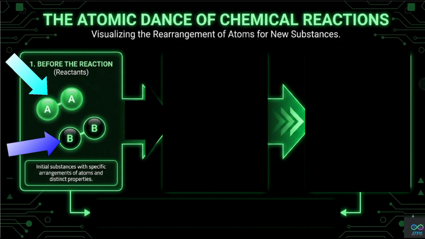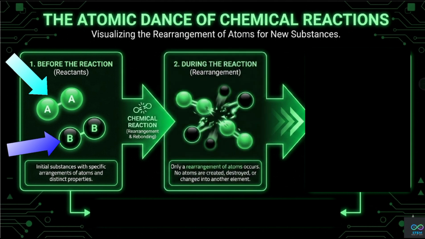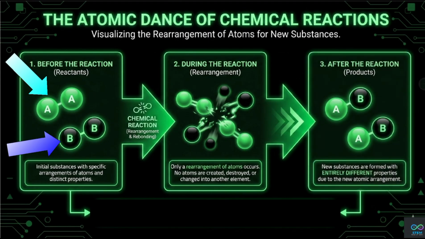Properties depend on arrangement. Now look at the center part of the slide. You see atoms colliding and rearranging. This is the most important concept. Many students think, "Sir, do atoms get destroyed?" Atoms are neither created nor destroyed in a chemical reaction. They only rearrange. Why does rearrangement happen?